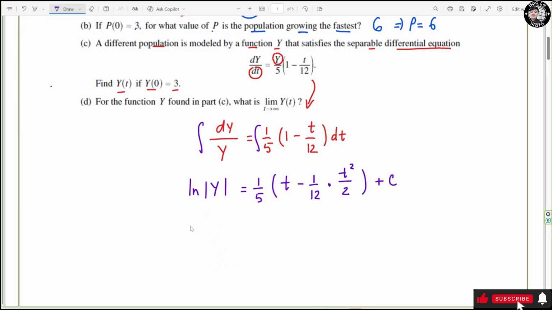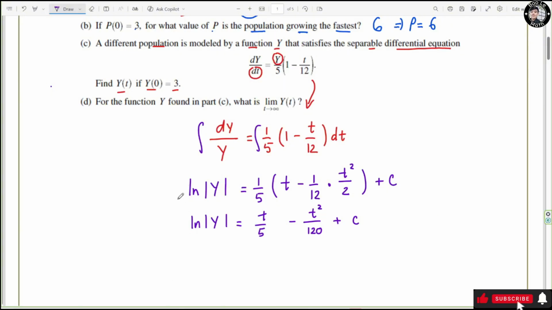Now I'm going to simplify this, so ln absolute value of y equals 1 over 5 t minus 12 times 2, which is 24, times 5, which is 120. So it is negative t squared over 120 plus c. Now 1 over 5 t, I can write as t over 5.